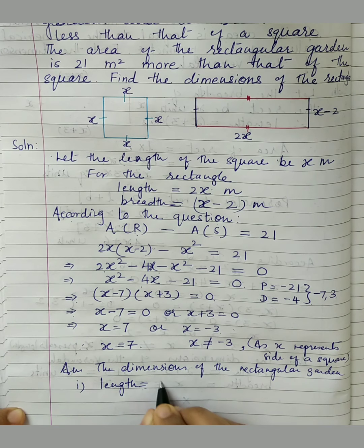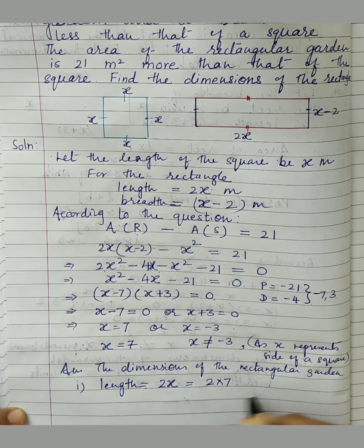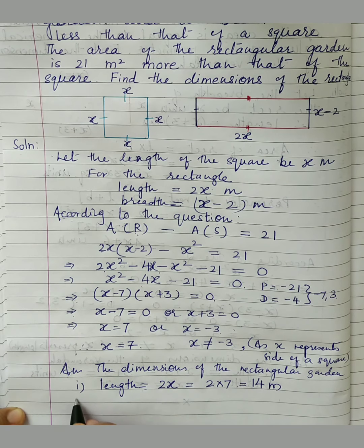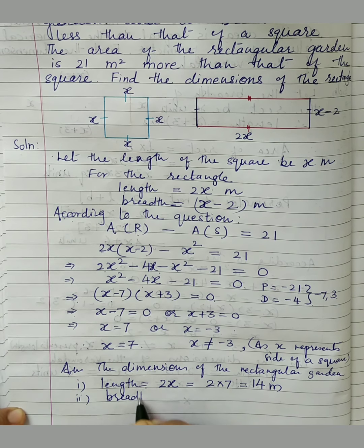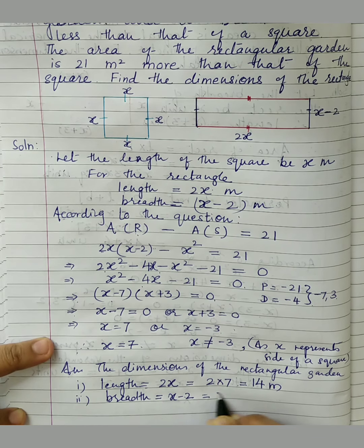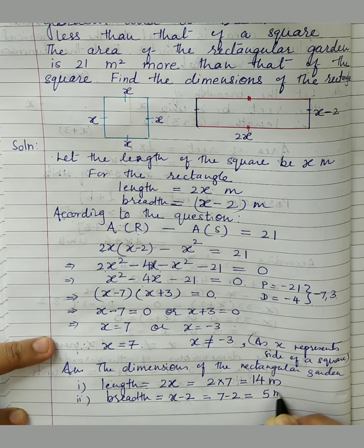What was length? 2x. So 2 into 7, that is 14 meters. Next, breadth. Breadth of this rectangular garden was x minus 2. So 7 minus 2, that is 5 meters.